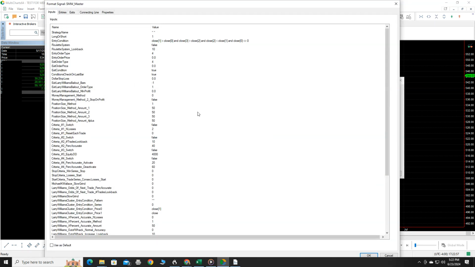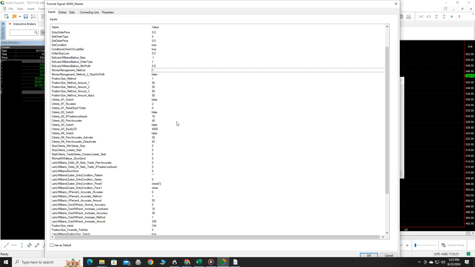I will explain the combination of inputs I'm using in a later video. That's not the point of this video, only to show that the proper configuration of different inputs is like night and day. So in this particular case, I'm going to turn on my money management to option 1, which I'll explain in further videos.